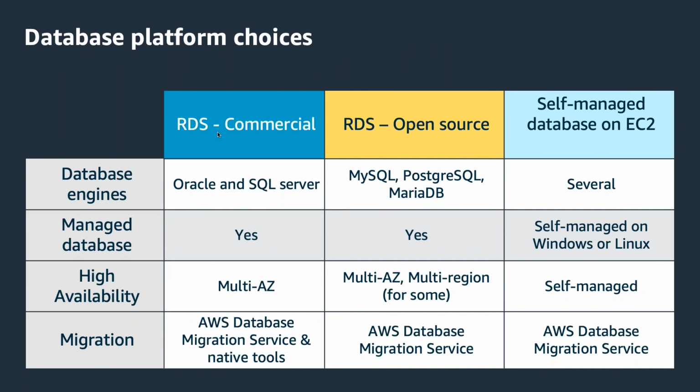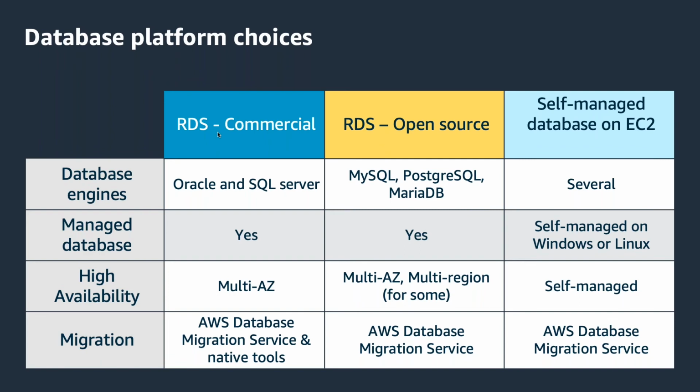When it comes to databases, very similarly, you have self-managed databases, commercial databases, and open source databases. Again, talking about modernization, there is a huge push with many of my customers right now to move away from proprietary databases to something more open source.